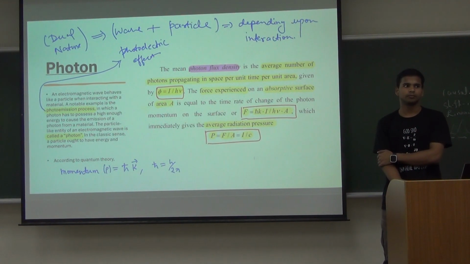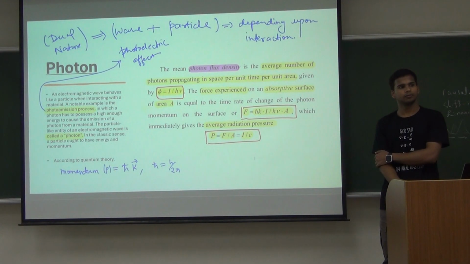This theory was generated in the early 20th century, and the connection is that h bar k represents the momentum of the photon, and h nu represents the energy of the photon. Even now it's not so easy to understand.